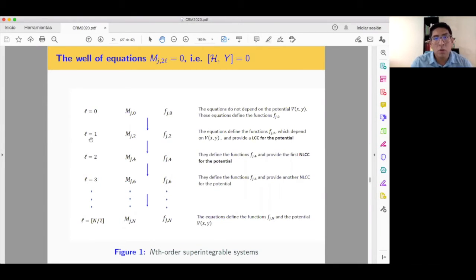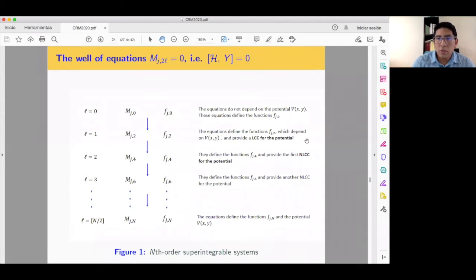After that, we go to the next level in this well of equations, which corresponds to L equals 1. They define, of course, the coefficients fj, and now they depend on the potential. And we calculate the compatibility condition. This is the linear compatibility condition found by Yetarinta, which governs the standard potentials.